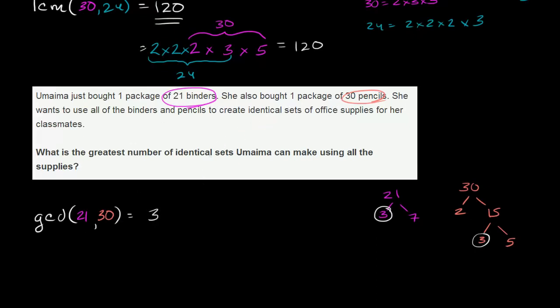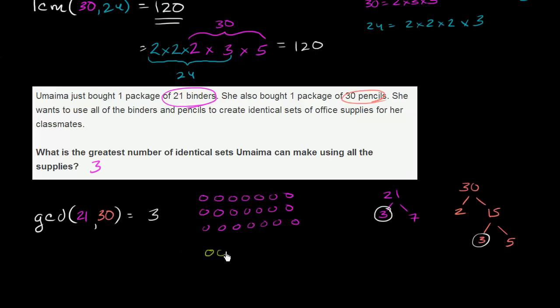We've answered the question, it's 3, but just to visualize it, let's actually draw 21 binders. So 1, 2, 3, 4, 5, 6, 7, 8, 9, 10, 11, 12, 13, 14, 15, 16, 17, 18, 19, 20, 21. And then 30 pencils. I'll do those in green.